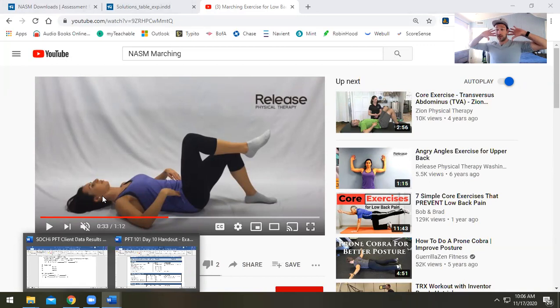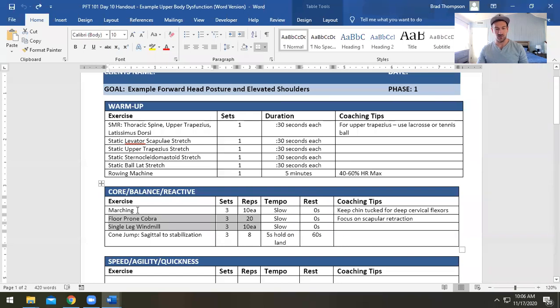So I would instruct my client to lift their head up, tuck their chin, and then lay it back. And that laying back is going to activate those deep cervical flexors, while she's working on her core down here. So I'm multitasking, right? And you'll notice in the coaching tips, keep chin tucked for the deep cervical flexors.